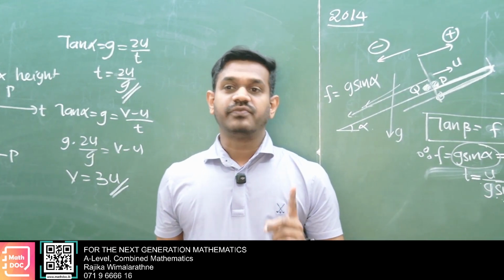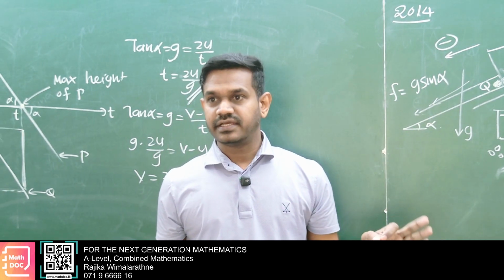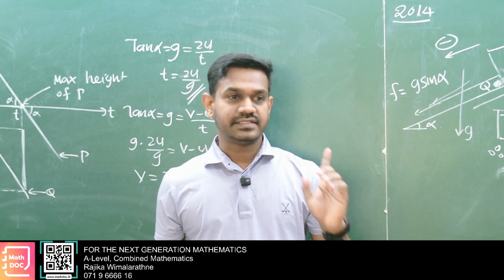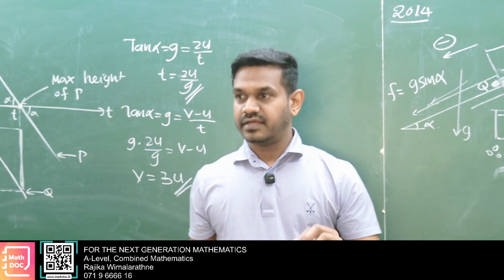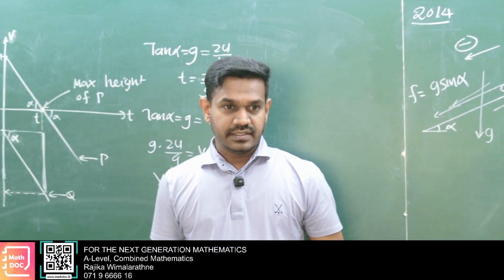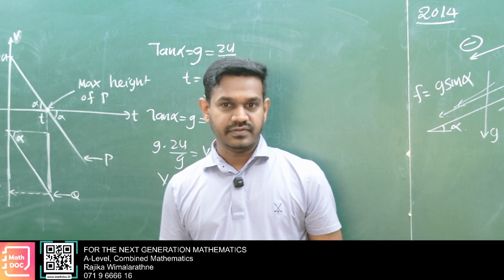So for the VT graph, we always have two techniques to continue. Gradient represents its acceleration, and the bounded area represents displacement, no?